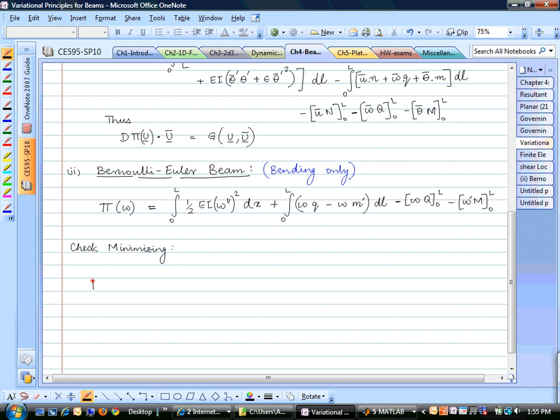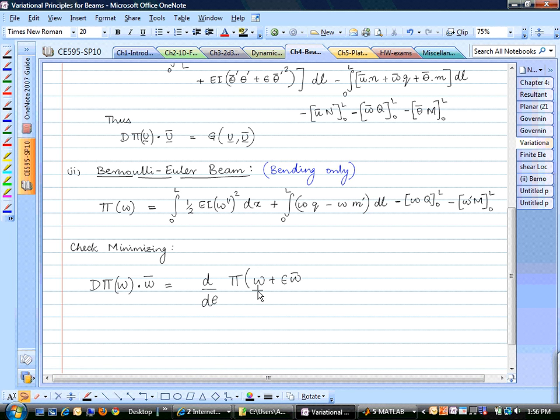To minimize it, we are going to take the Gateaux derivative of this function in the direction of a virtual displacement. So the virtual displacement is W bar. And this Gateaux derivative is defined as d by d epsilon of the same energy functional plus a small perturbation in the virtual direction.